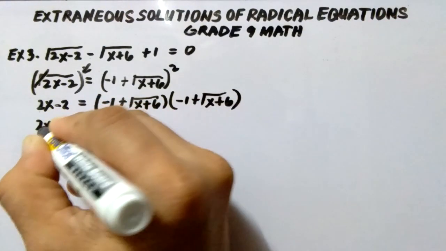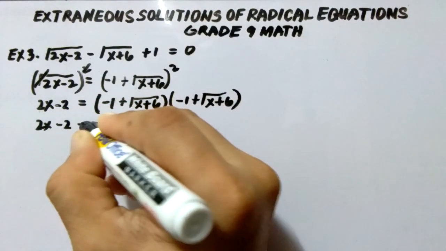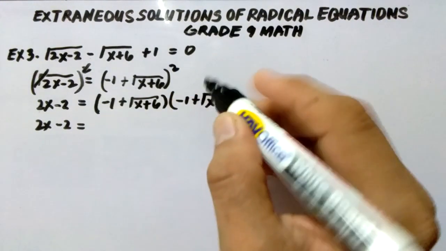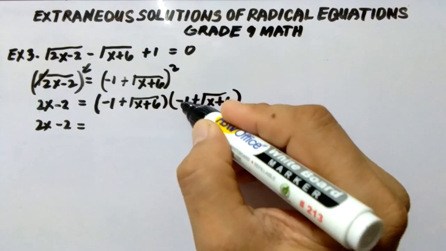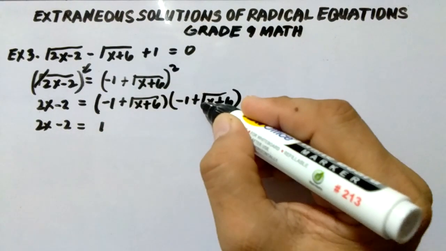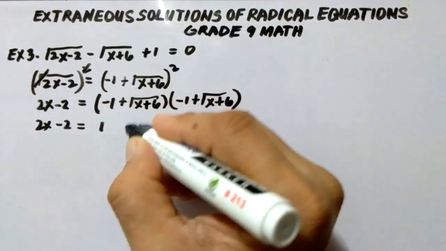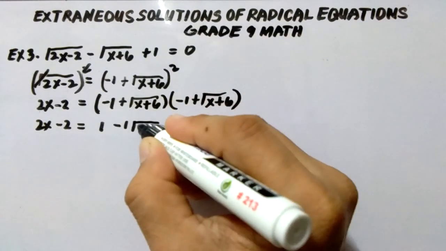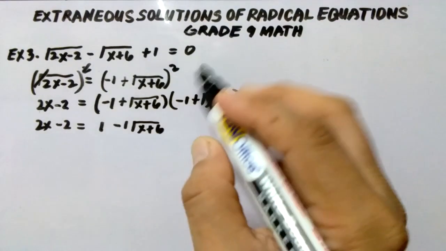And then we have 2x minus 2 is equal to, then multiply po natin ito using the FOIL method. So negative 1 times negative 1, that is positive 1. Then negative 1 times square root of x plus 6, that is negative 1 square root of x plus 6.